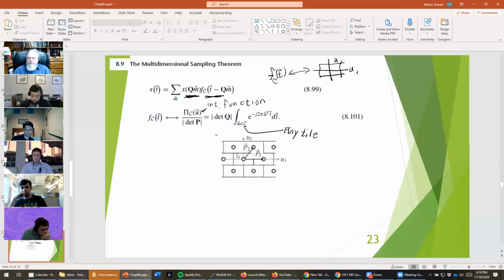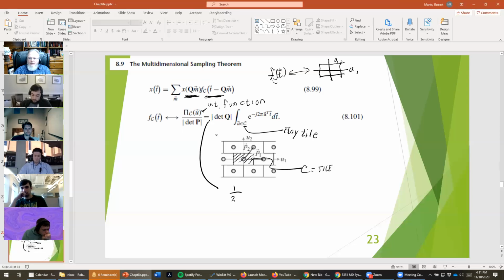So in the example that I have down here, this would be C, this would be a tile. You'll notice, for example, in 1D, what does this look like in 1D?